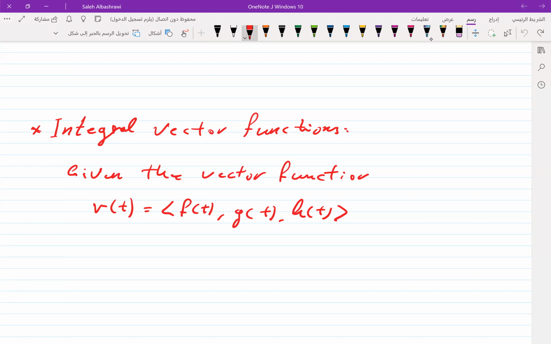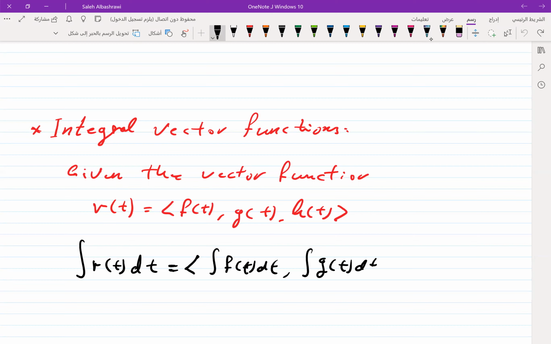Then the same thing for the integral of the vector function, the integral of r of t dt is equal to the integral of each component. Just straightforward: the integral of the vector function equals the integration of each component of the vector function.